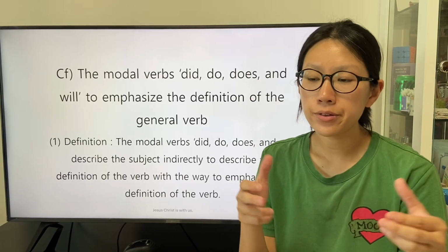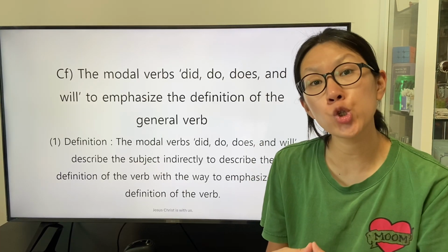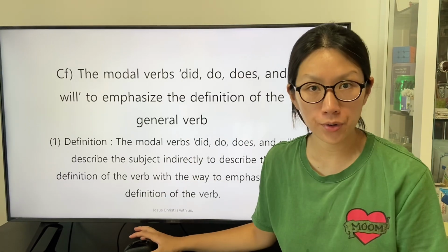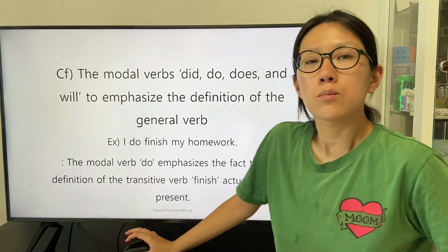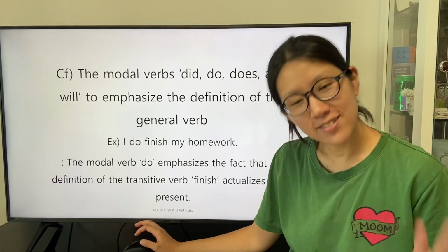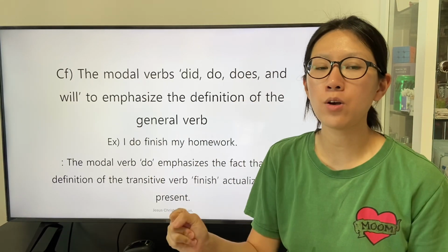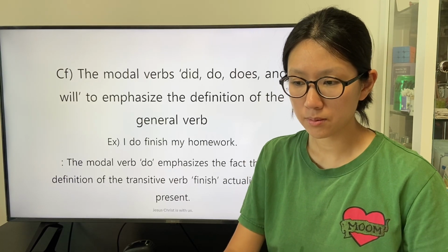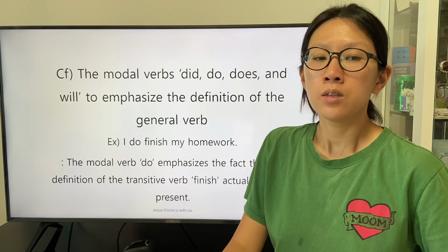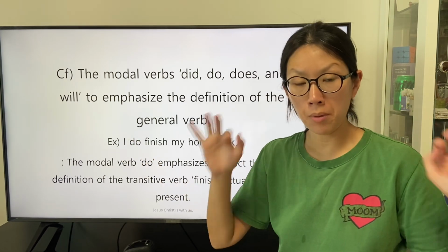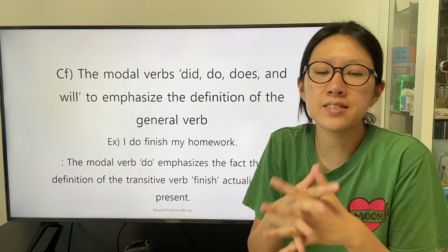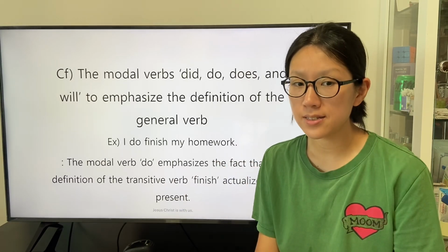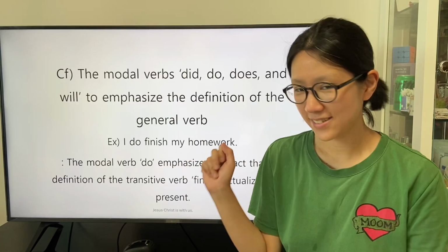Initially, the modal verb is applied to emphasize the definition of a verb. There is a clause. I do finish my homework. The modal verb do emphasizes the fact that the definition of the transitive verb finish actualizes at the present.